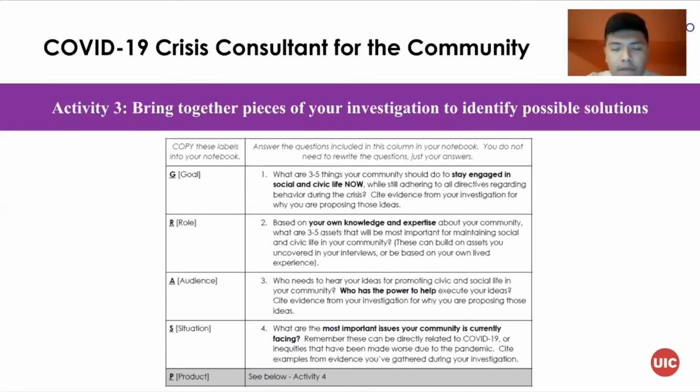And if you do need the power of help, you could always go back to what Donnie mentioned about the ward maps. You could definitely get in contact via phone call with your alderman or a community leader in your community. And then for your situation, you could list down the important things that you've learned or encountered, for example some challenges that you might have. And then the product will be the things that you find out and how you can promote and share them with others.